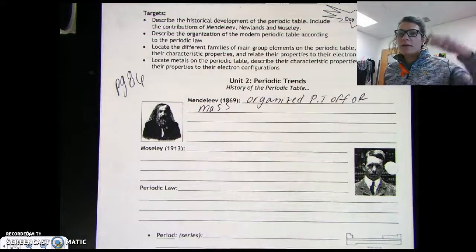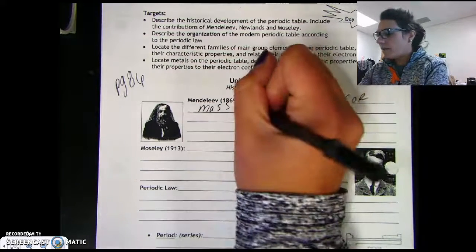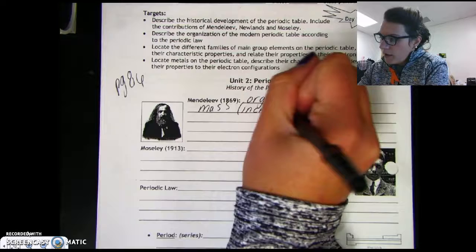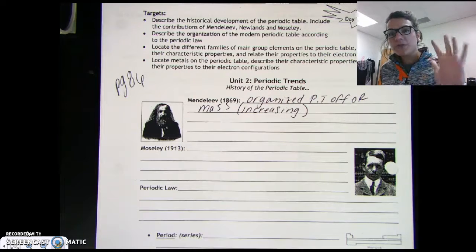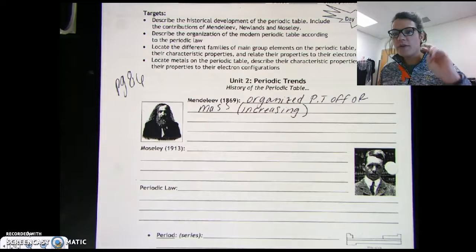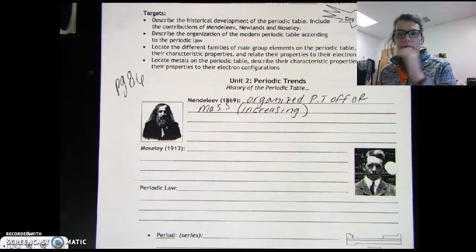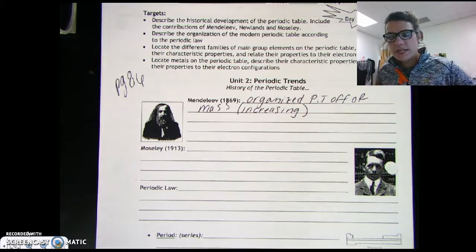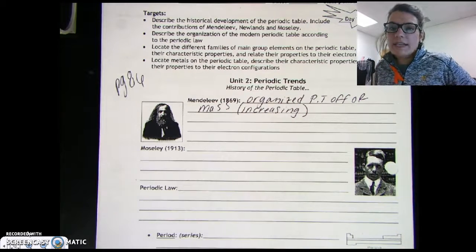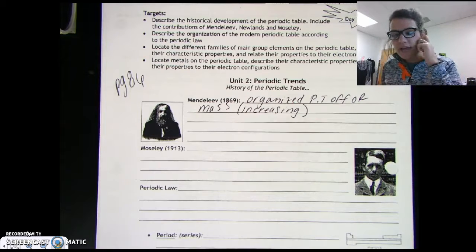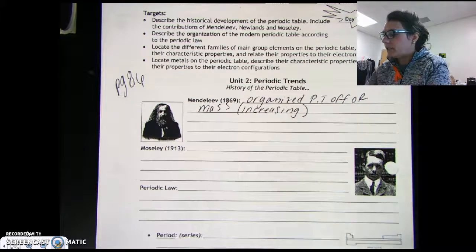Okay? And by mass, I'm talking about by increasing. Okay, so he said that hydrogen weighs 1, so that goes first, helium weighs 4, so that goes second, etc. Okay, so that was the first thing that he did. After he rearranged them by increasing mass, he was able to identify elements that have same properties as well.